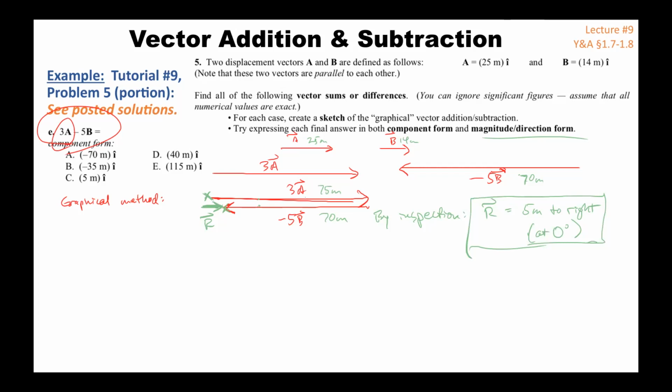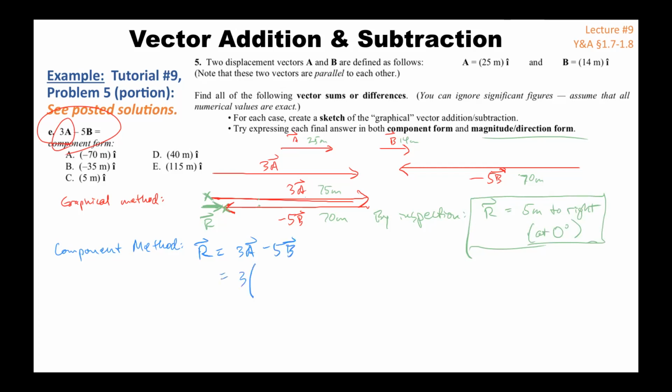If we wanted to be really explicit about it, we could use the component method. R is equal to 3A minus 5B. So again, this is the full vector expression.